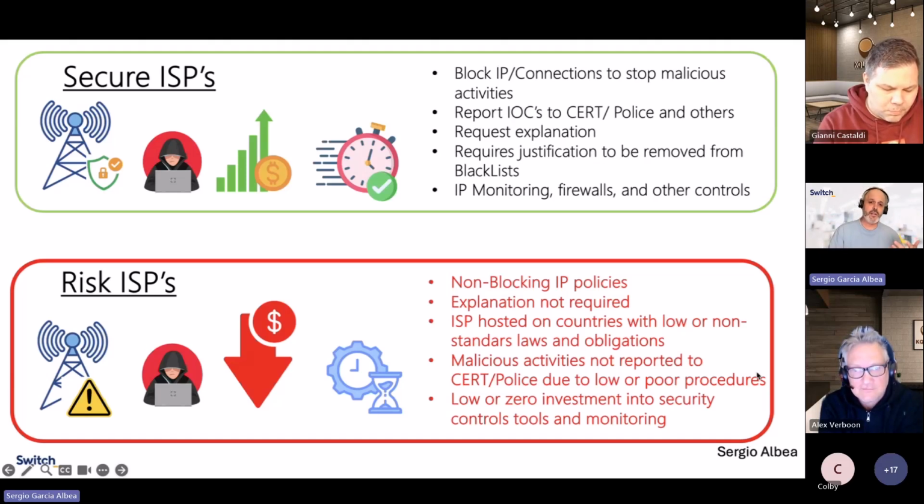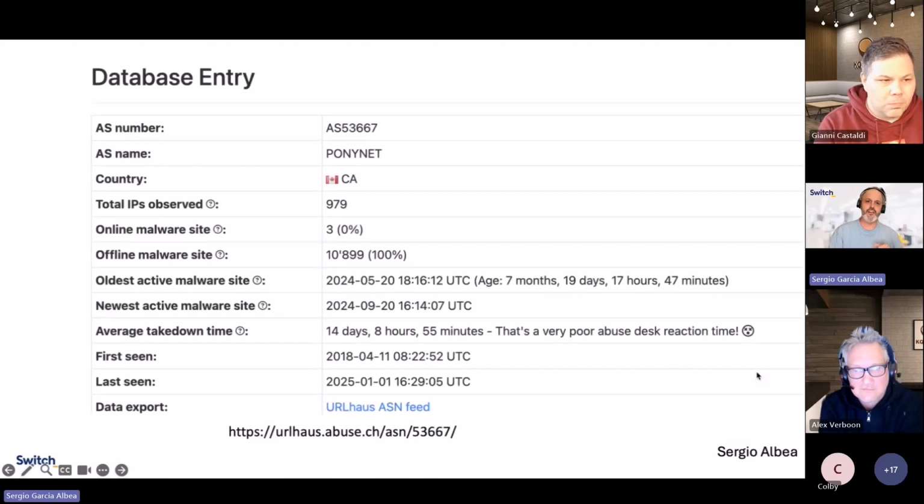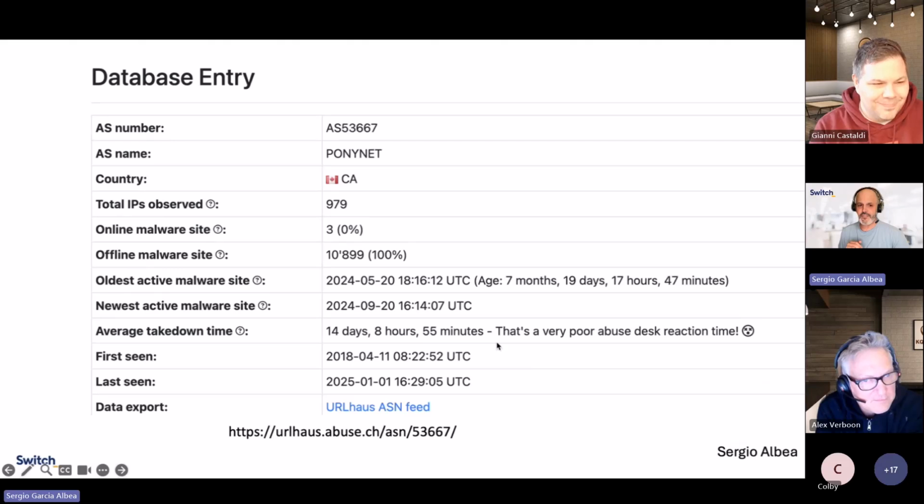But there are other ones, as you can see here, this Ponynet one. If you see the average takedown time, it means that after detecting a malware site, they spend more than 14 days to take the page down.